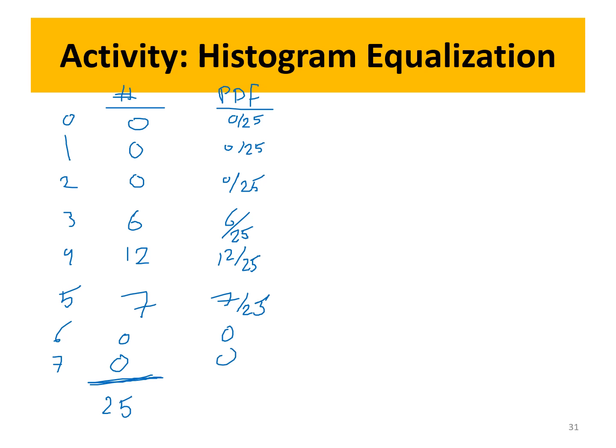Are we good? This is called probability distribution function, which is the number of pixels that have that grayscale. So that's a grayscale, number of pixels, and that's your probability distribution function.